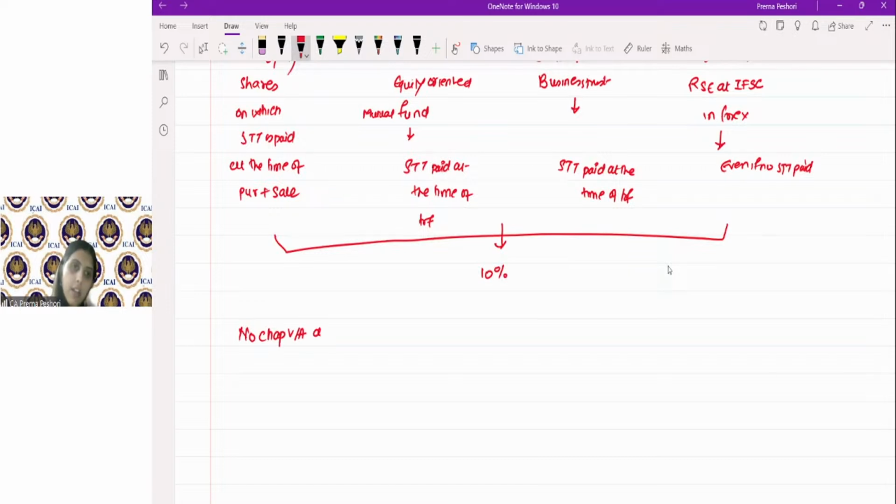Here, no Chapter 6A deduction is available. No rebate is available under section 87A. Clear?